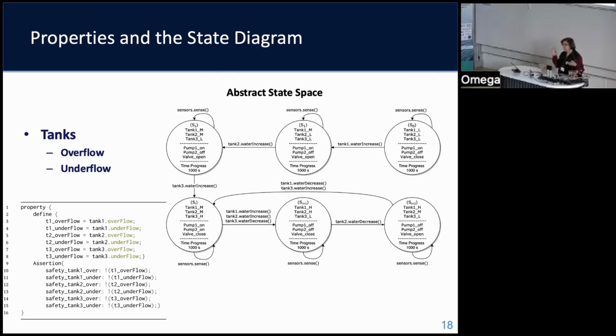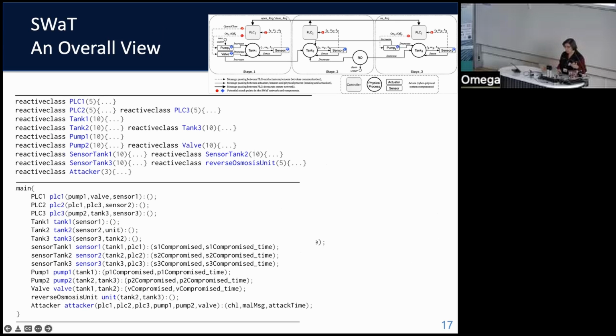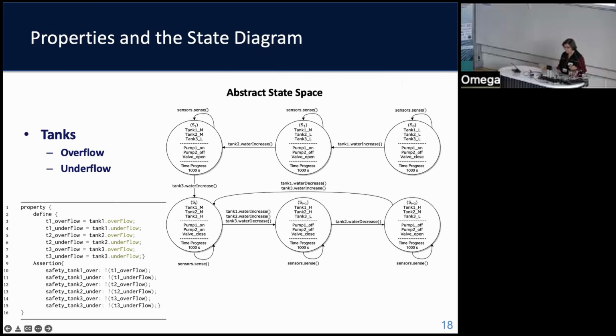So we have to also model the physical entities that are important. For any model checker, you have two inputs, the behavior and the properties. So this is how you write the Rebeca model, which is the behavior. And this is the assertion. Based on the variables that you have in each of your components, you basically write your assertion, what you don't want to happen or what you want to happen actually.